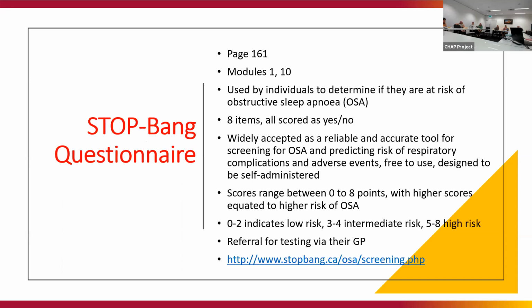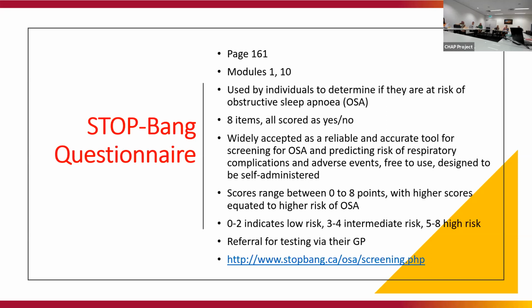The STOP-Bang questionnaire is the last one, and then I can stop drowning you in information about tools. It's one you're familiar with also. It's on page 161 of the manual, and it covers modules 1 and 10.